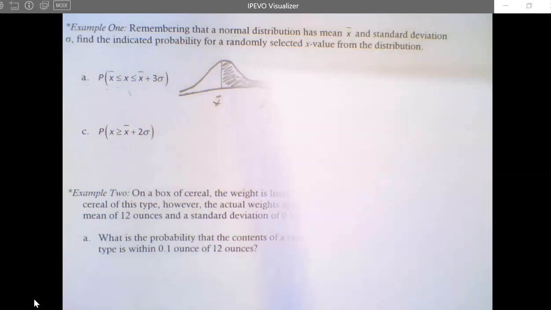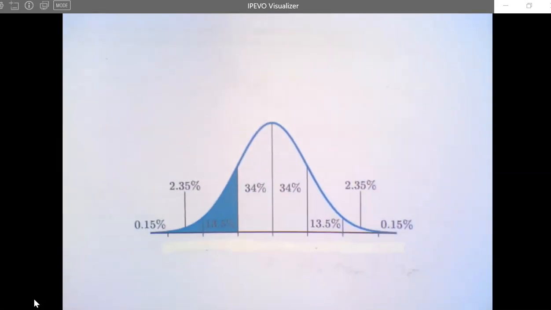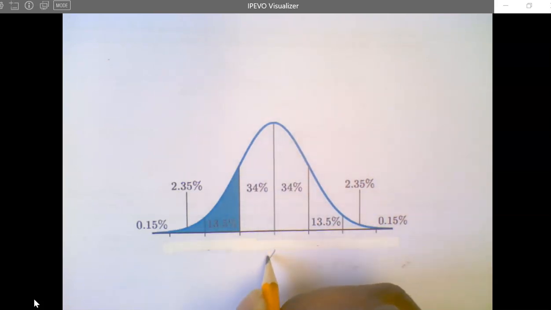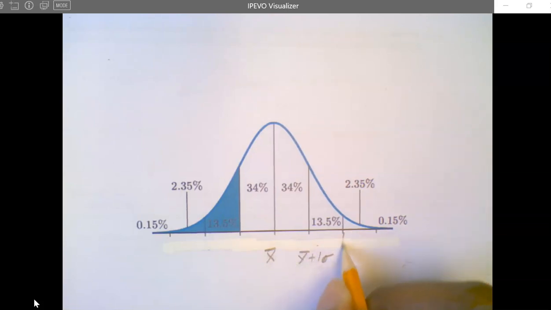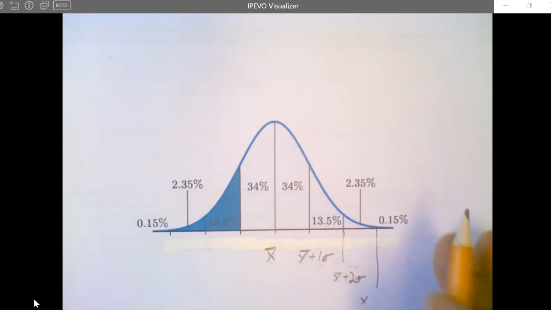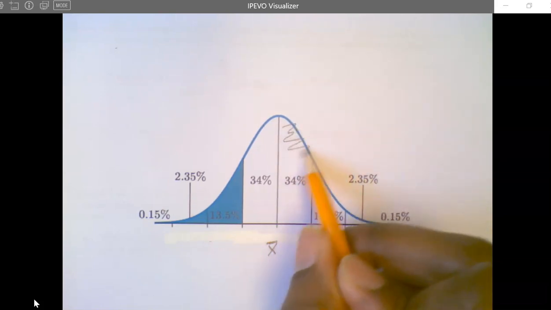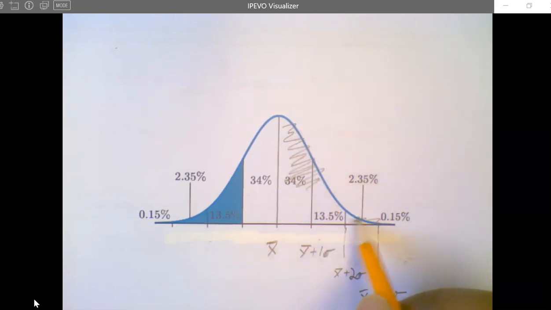So let's remember this. This is the empirical rule. If that's normally distributed, then this is the mean, and then this would be the mean plus 1 standard deviation, and then this would be the mean plus 2 standard deviations, and this would be the mean plus 3 standard deviations. If I want to know the area under that curve from 1 to 3, I want to know the percentages here.